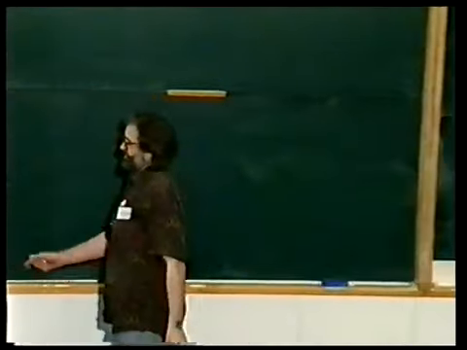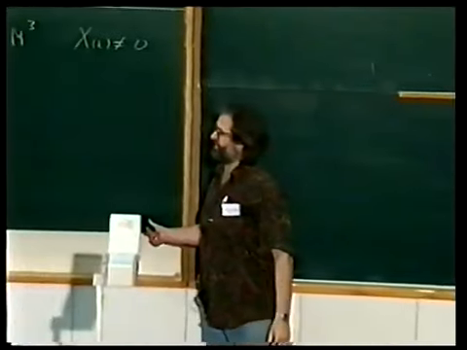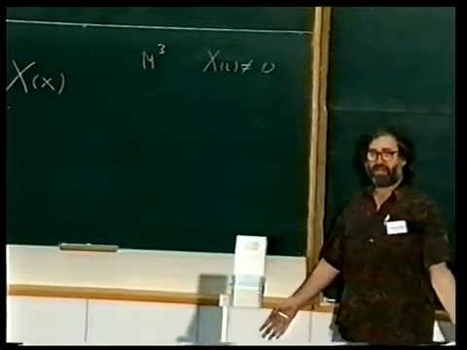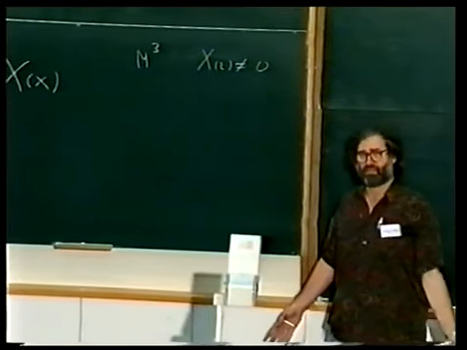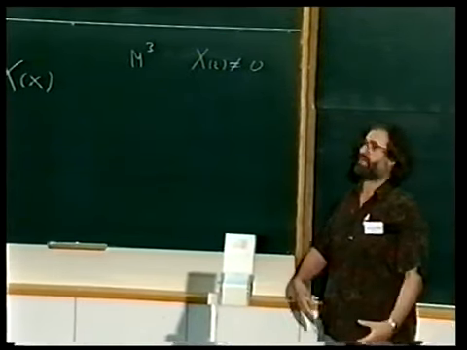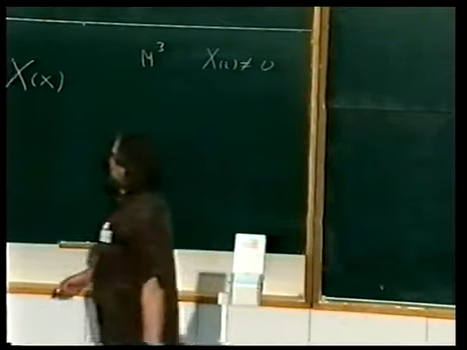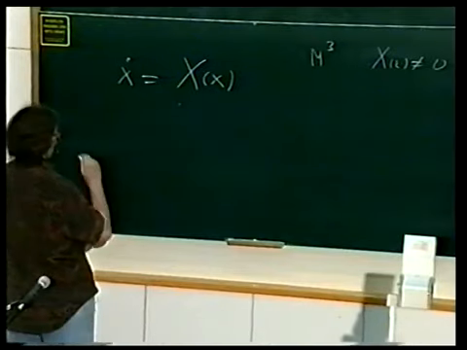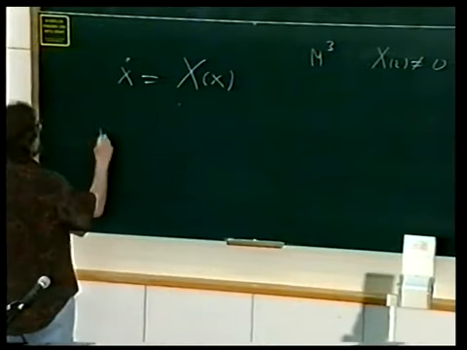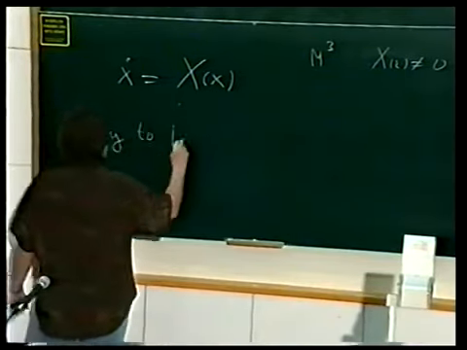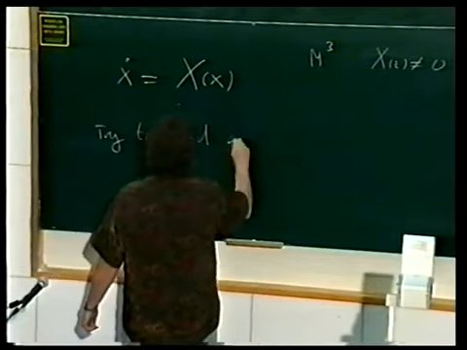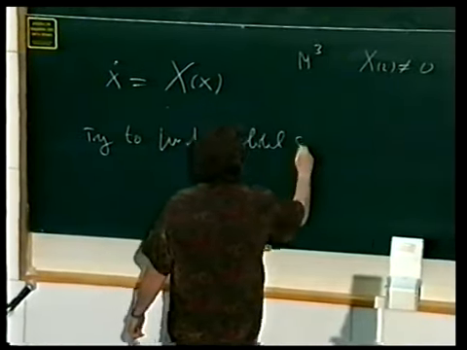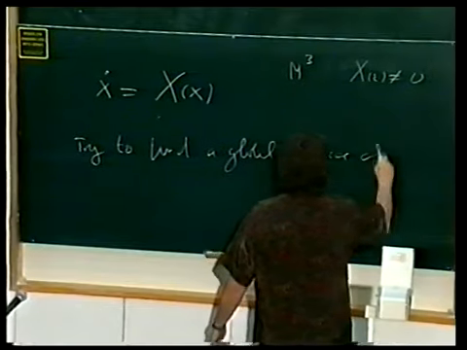But nevertheless, let me just give the concept, which is actually a special case of a more general concept, which works, as it turns out, for many dynamical systems. So, namely, what one tries to do, and this idea goes at least back to Poincaré, is to try to find a global surface of section.